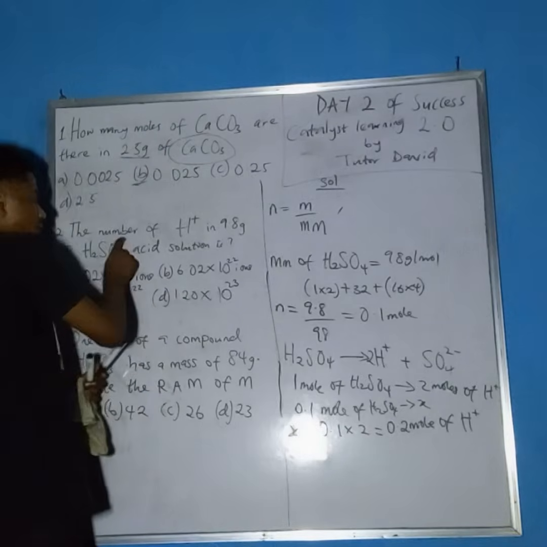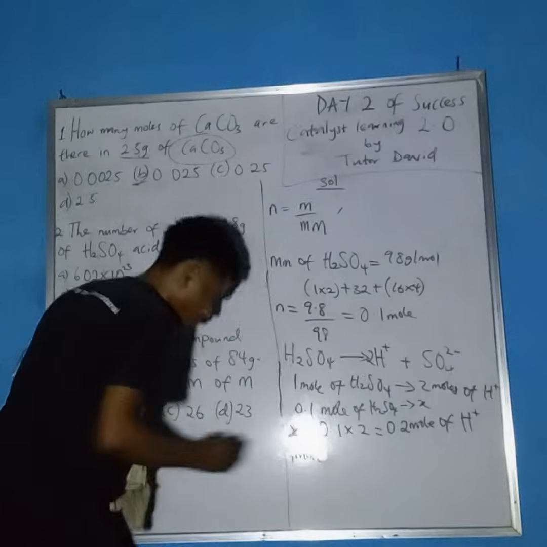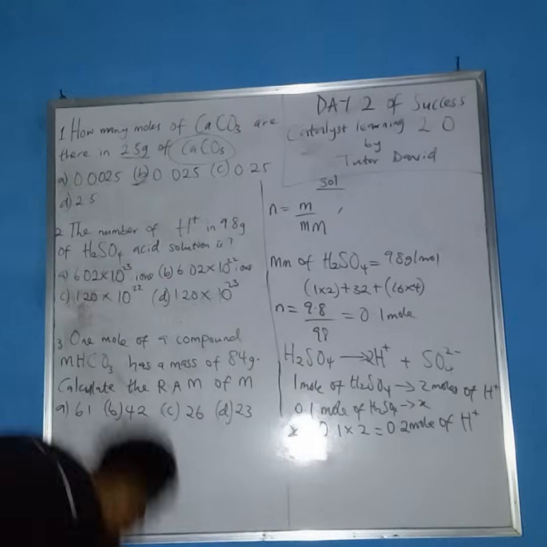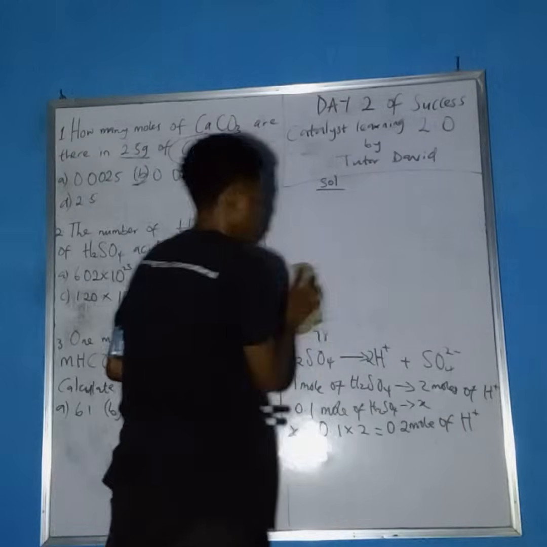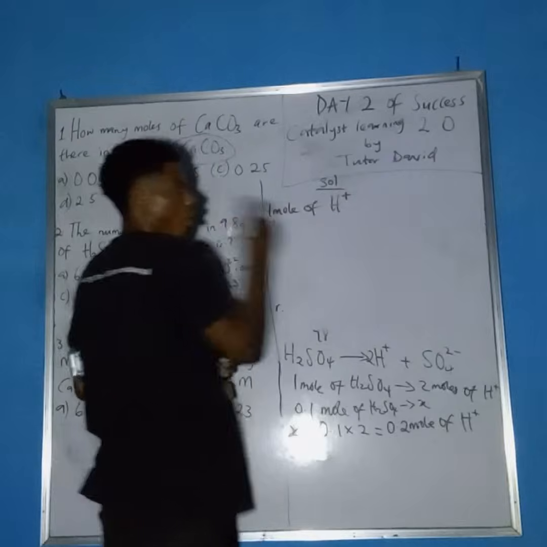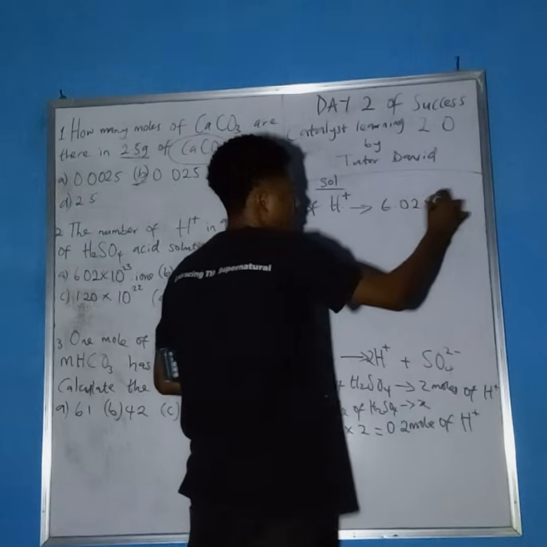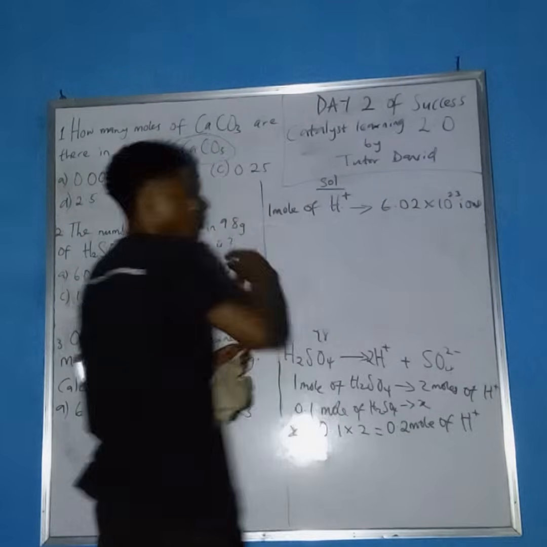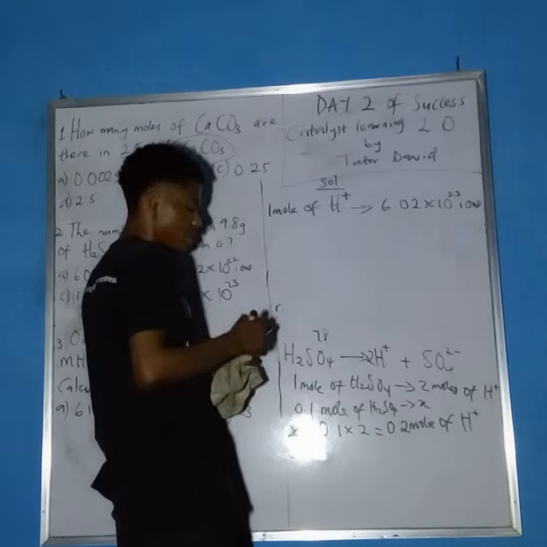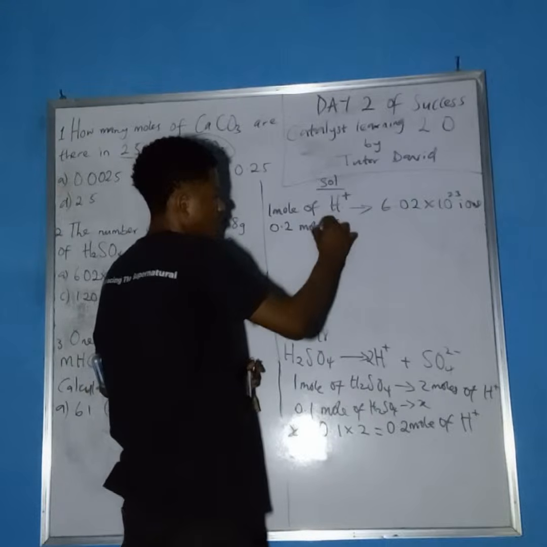So 1 mole of hydrogen ion will give us 6.02 times 10 to the power 23 ions, according to Avogadro. Then how many ions will 0.2 mole of hydrogen ion give us?